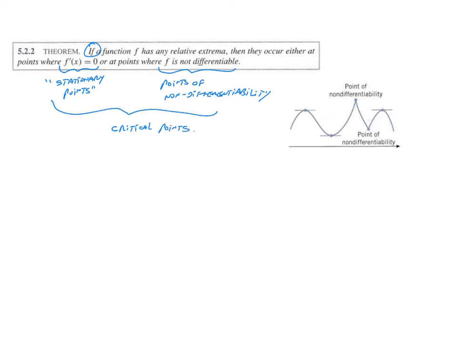Something critical is happening. So critical points come in two varieties: stationary points or points of non-differentiability. Again, I cannot say this strongly enough. If the extrema exist, then they occur at either of those points. So in short, extrema occur at critical points.